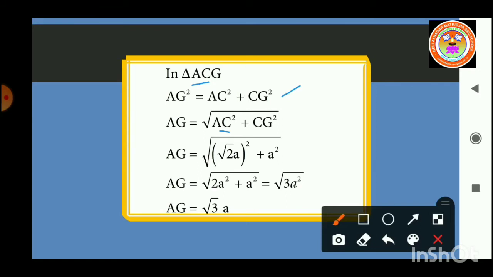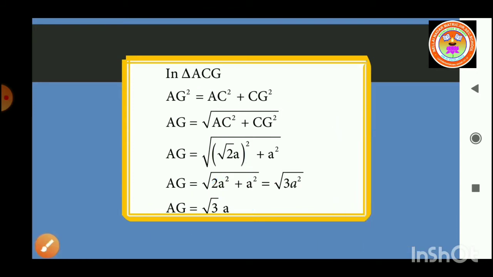Root 2 into root 2 becomes 2, so 2A squared plus A squared becomes 3A squared. Cancelling root and square, AG is equal to root 3 A.